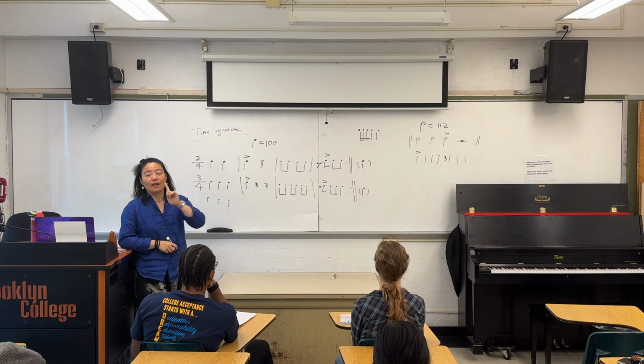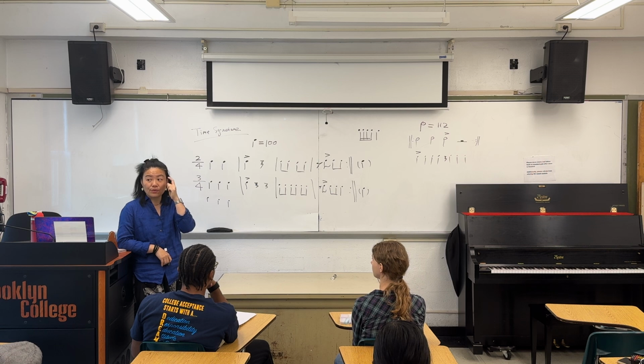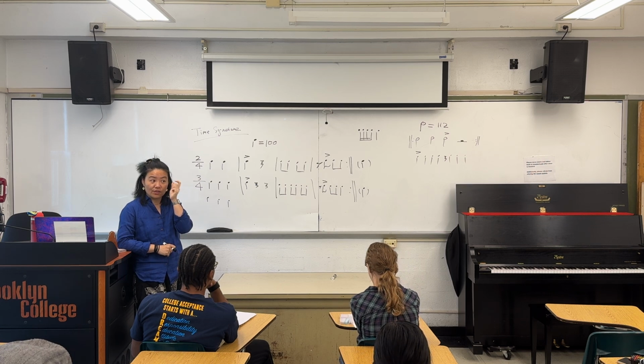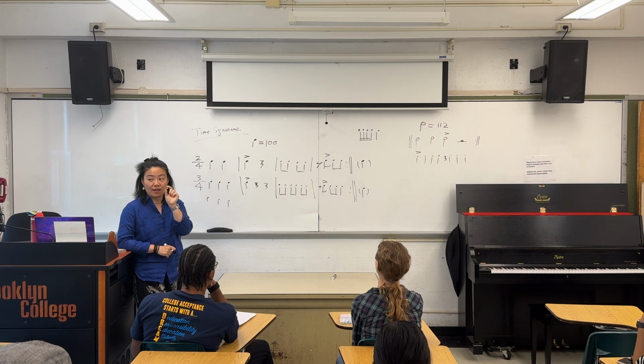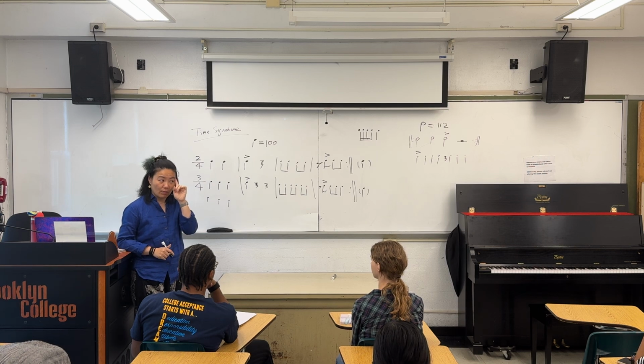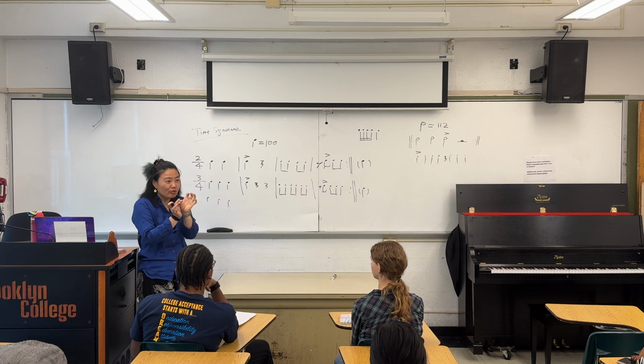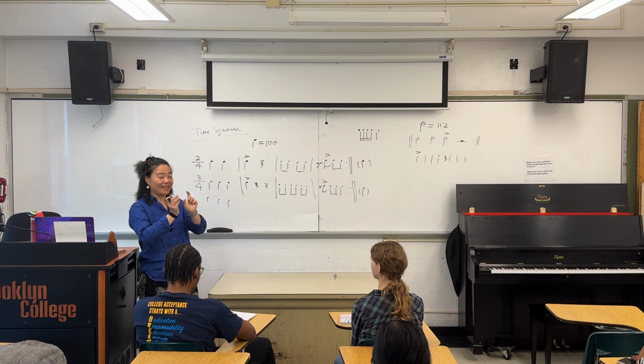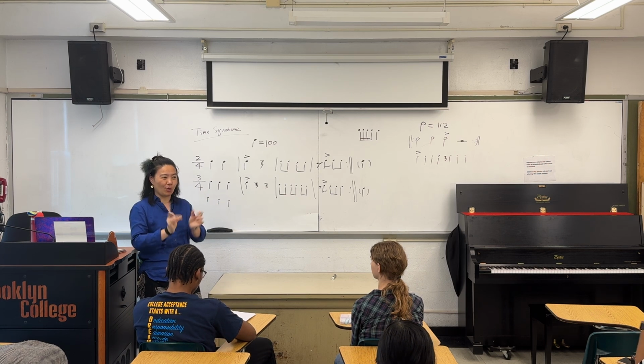So first of all, I want you to count in your mind the small 4 as much as you can. Okay, so 1 2 3 4 1 2 3 4. Count it in your head. The little 4. So we're dividing the pulse into a little 4, right?